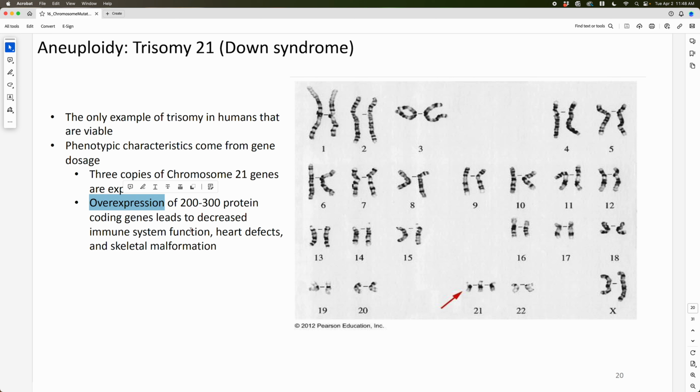So when we have overexpression, we see a wide range of effects. Things that are impacted include immune system function, heart defects, and skeletal malformation. So these individuals have both phenotypic effects of having an extra chromosome 21. They also have physiological effects, so referring to the functionality of the immune system. And this is primarily due to the fact that they have an extra level of dosage of those proteins that are produced.